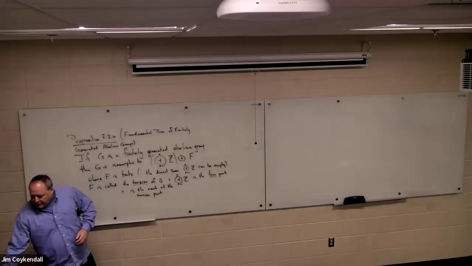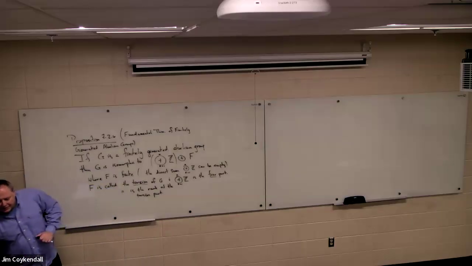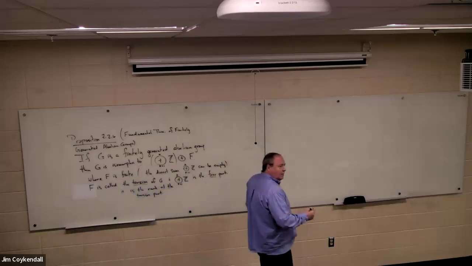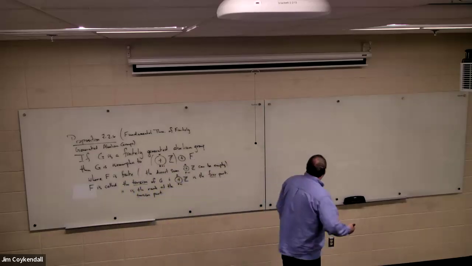Okay, now I promised, and I am going to deliver on this from last time, that we're going to get our hands dirty and do some computations to show how this works. Let me give you one example. Here's one problem that we can solve for ourselves now.